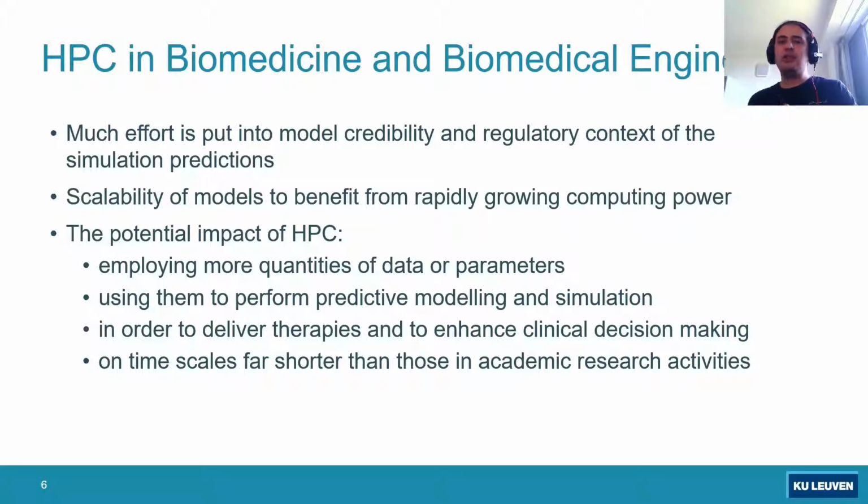But it will be done on shorter time scales, and this is where HPC comes into play: we want to decrease the runtime and increase the performance, so you will have the results much faster, in comparison to the scales that are very common in academia and also in industry.